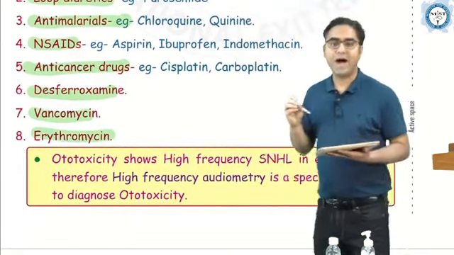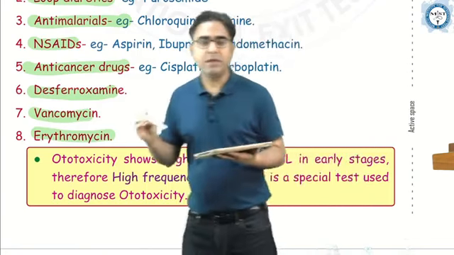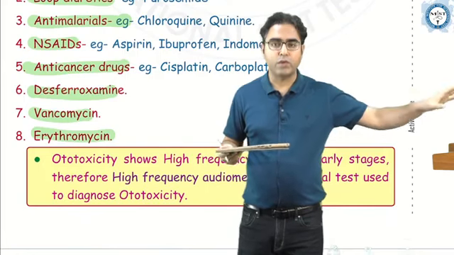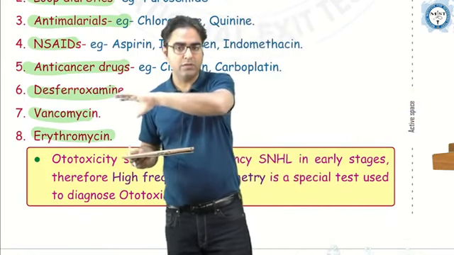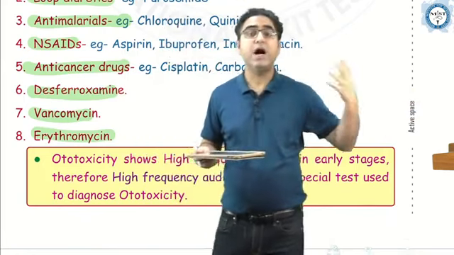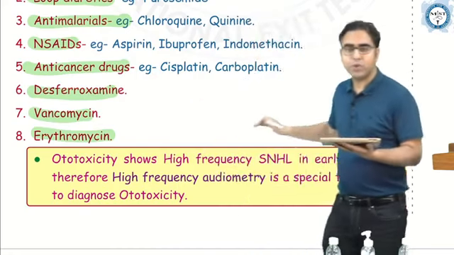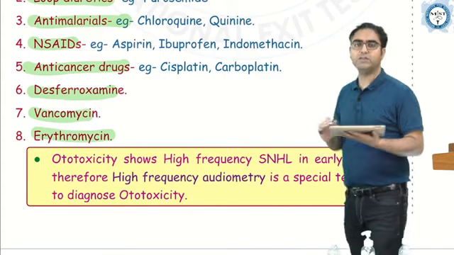Now, ototoxicity shows high frequency SNHL in early stages. I told you 250, 500 is low frequency, 6000, 8000 is high frequency. So drugs damage high frequency hearing in early stages.